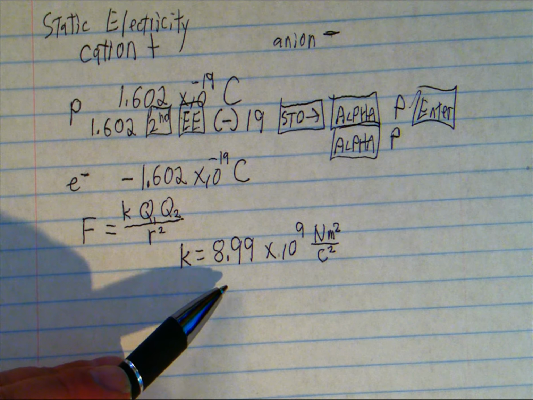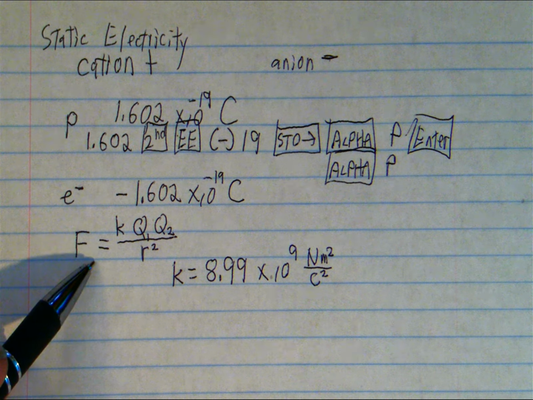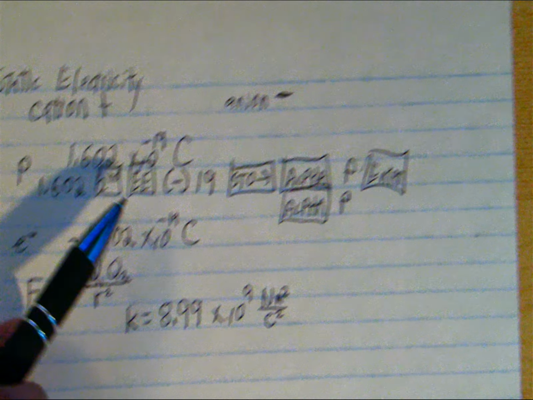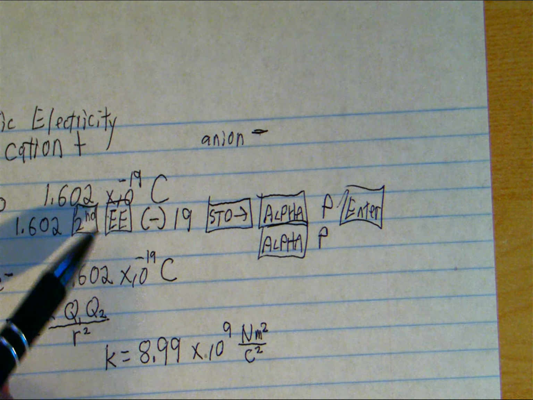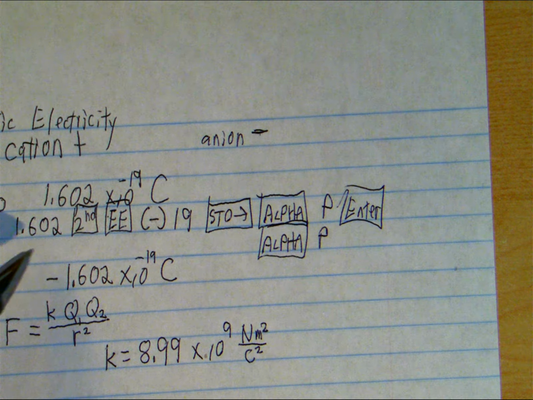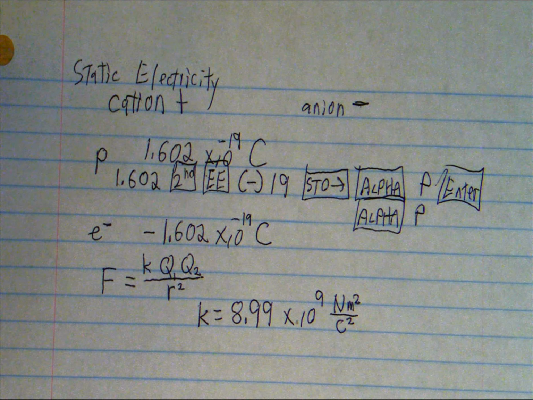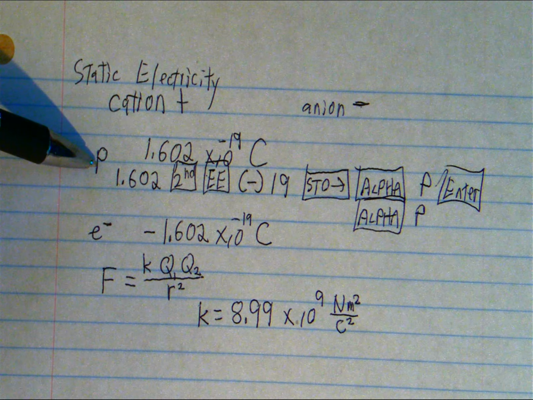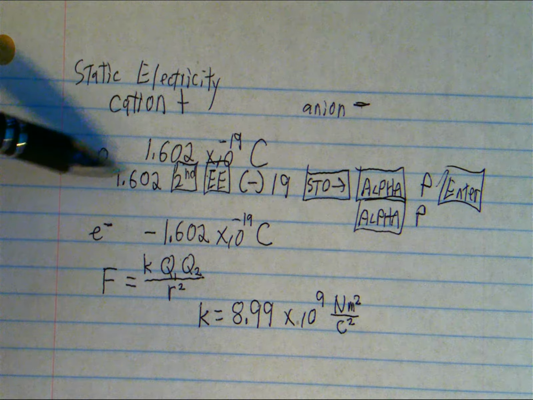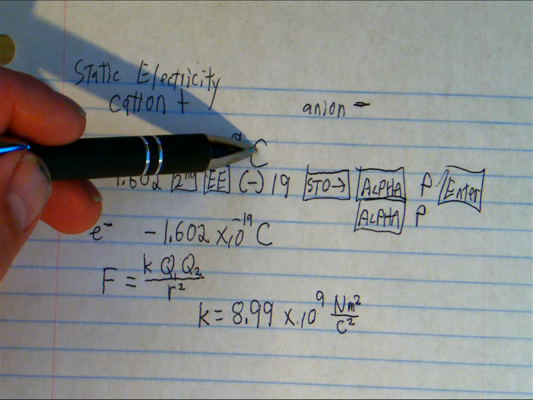Now this number you're going to be using every single time that you use Coulomb's law. The charge on the proton you would only use if there's a physics problem that says, oh, I have 27 protons or I have 13 electrons, and you need to convert from number of protons or electrons into a quantity of coulombs of electric charge.